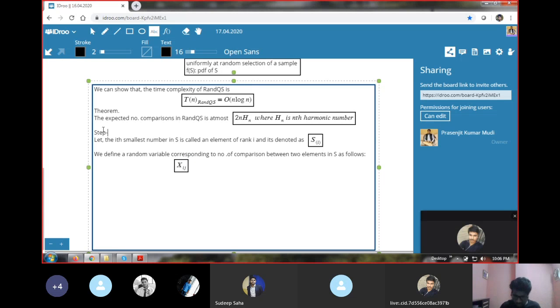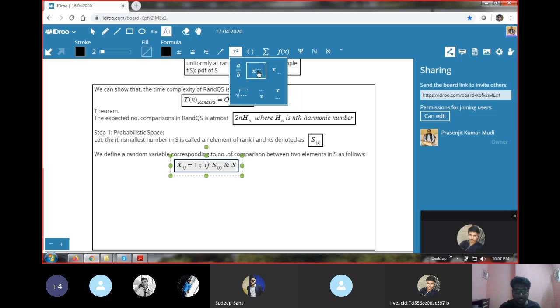So this is the probability space. Xij equals 1 if Si and Sj are compared.